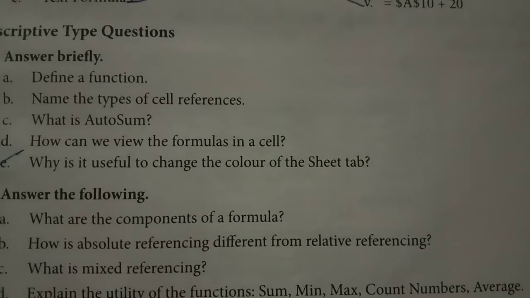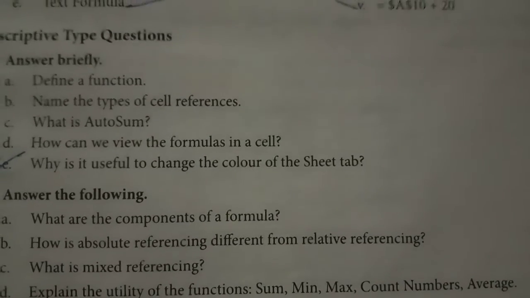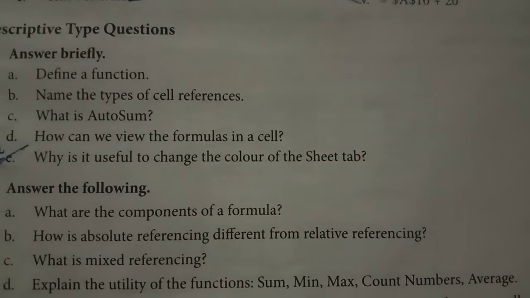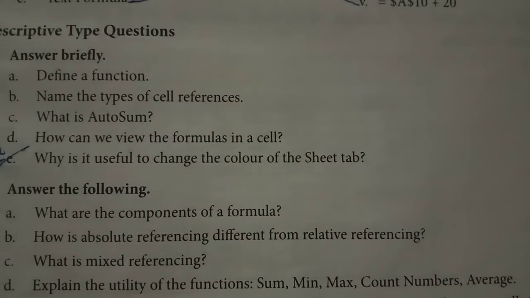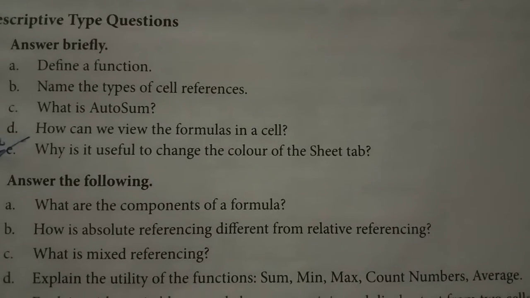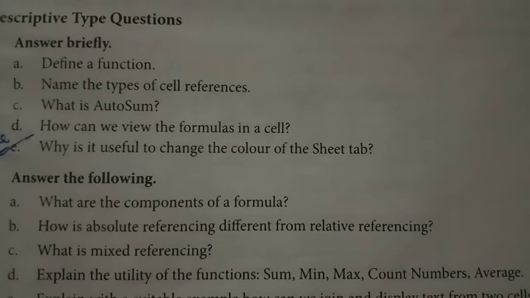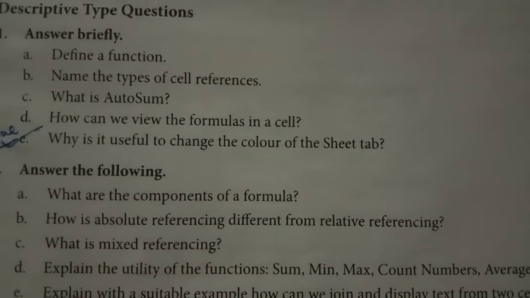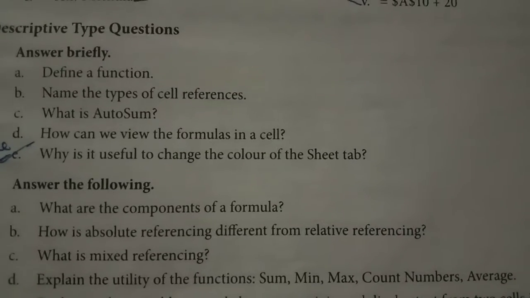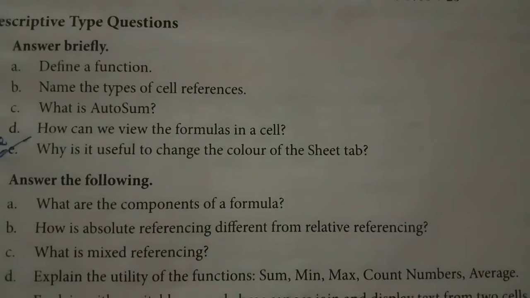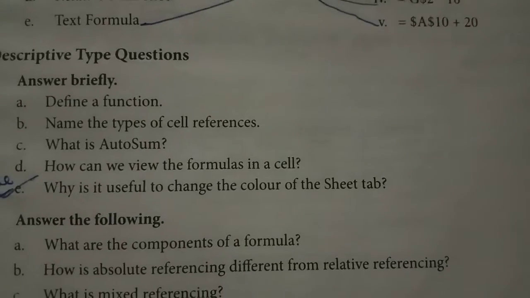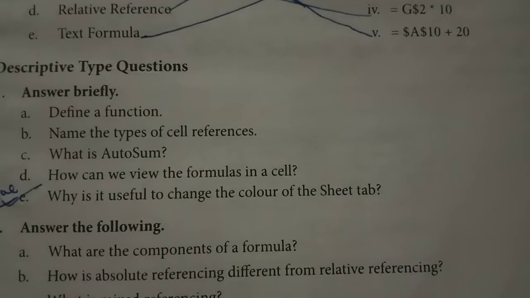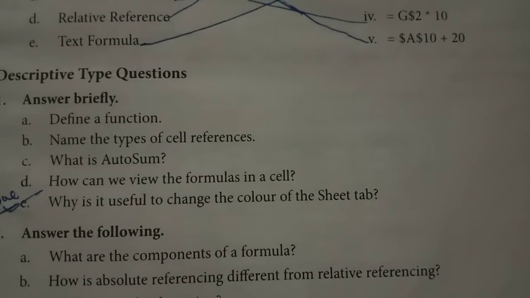We can see the result appear in the cell and the formula appear on the formula bar. Otherwise, the shortcut key is there: you have to press the F2 key, and the formula automatically appears.